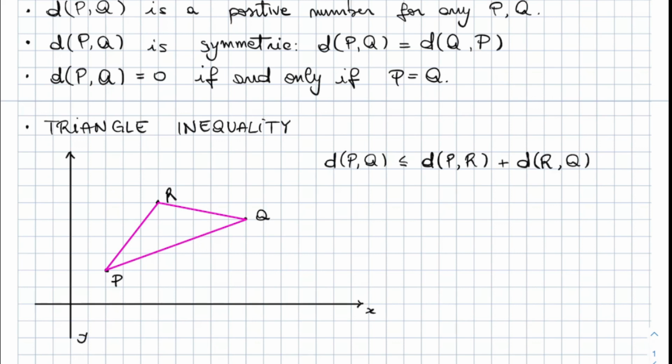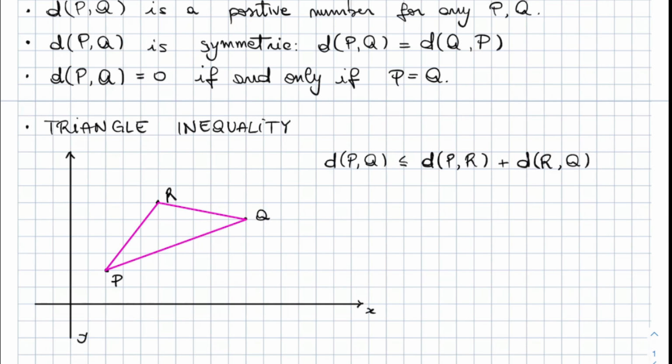Indeed, the distance between P and Q is given by the length of the segment connecting P and Q, whereas the distance between P and R and the distance between R and Q are given by the length of the segments connecting P and R and R and Q. And we know that in any triangle, the length of one of the sides of the triangle is always smaller or equal than the sum of the length of the other sides of the triangle. And this is the reason why the triangle inequality is called in this way.